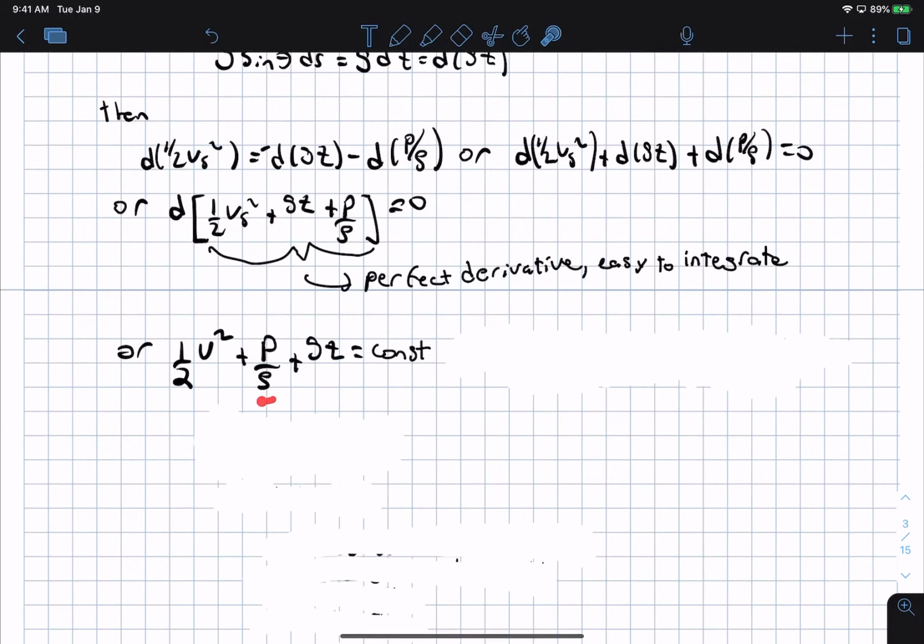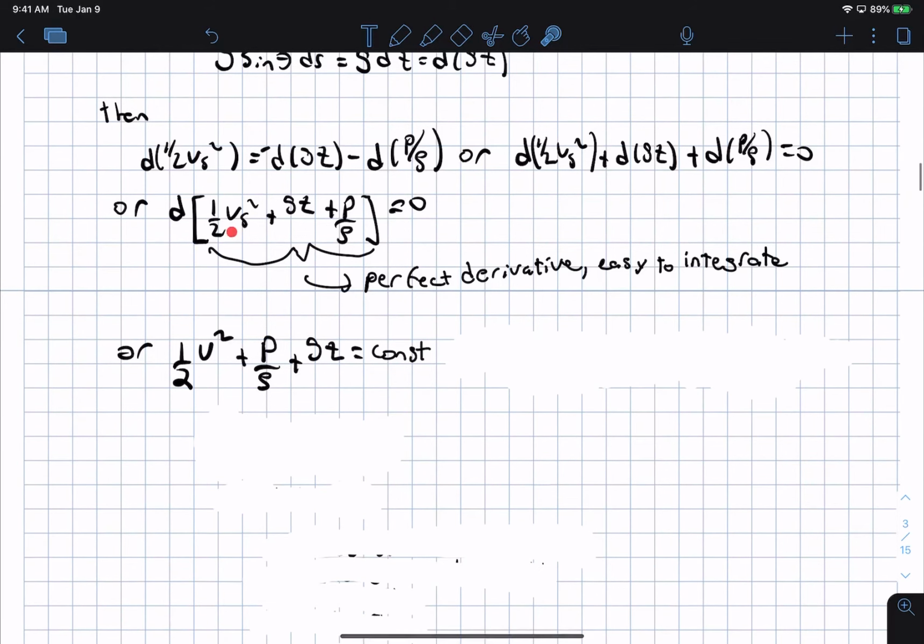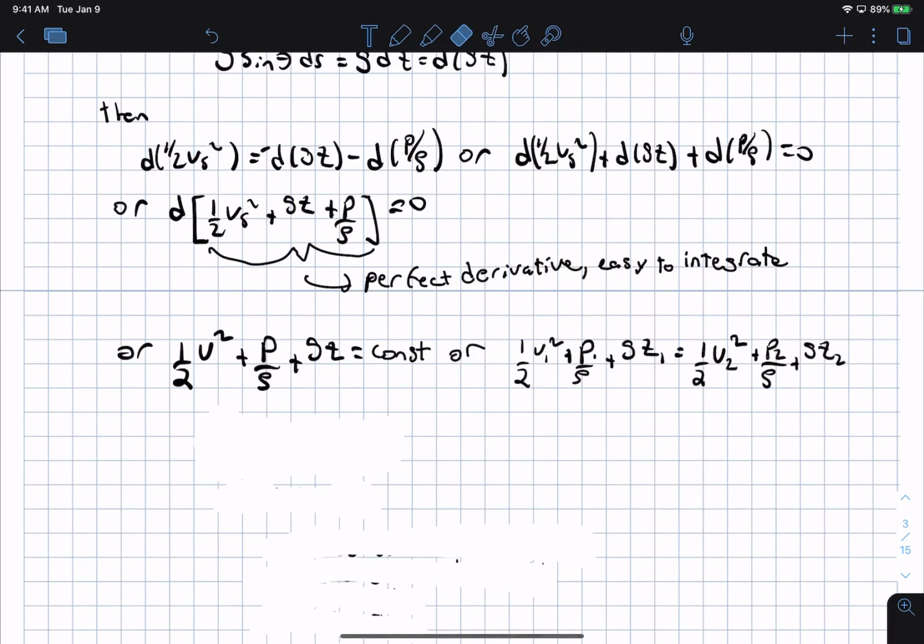Okay, so we work with that and we wind up with the fact that 1/2 v squared plus p over rho plus gz is equal to a constant, and I'm dropping the s here just because we understand now that v is the velocity magnitude along the streamline. Or you could say, because it's constant, you could pick any two arbitrary states, and you could say that 1/2 of the velocity squared at state 1 plus p1 over rho plus gz1 is equal to the same thing at state 2.